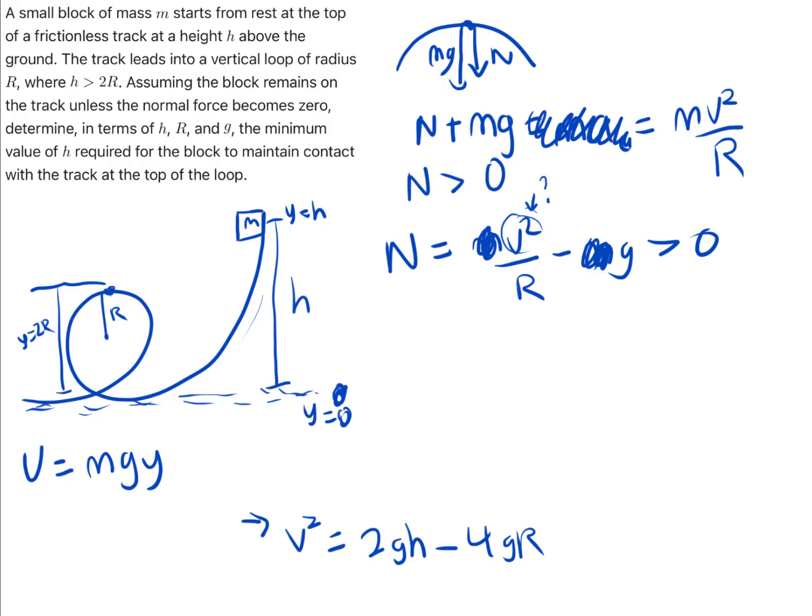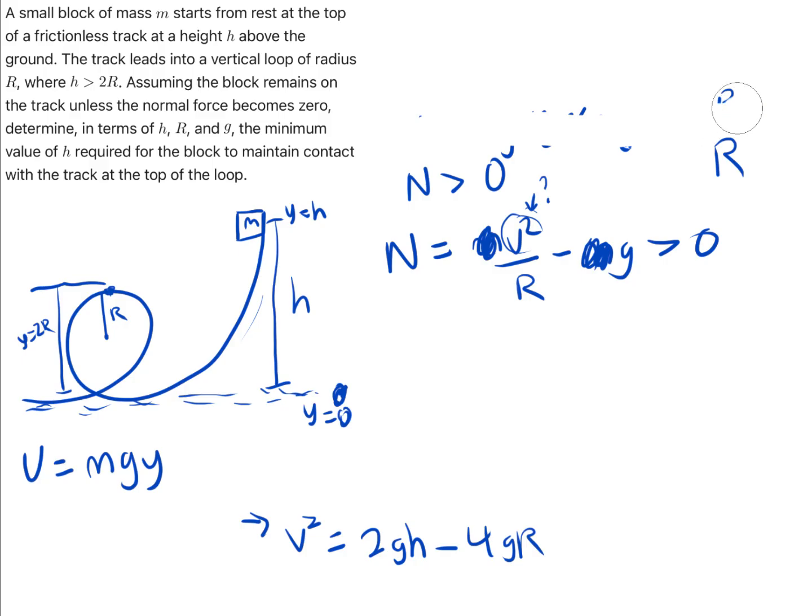So let me rewrite this for a little more clarity on what we have right now. So right now our condition is that v squared over r minus g is greater than 0.